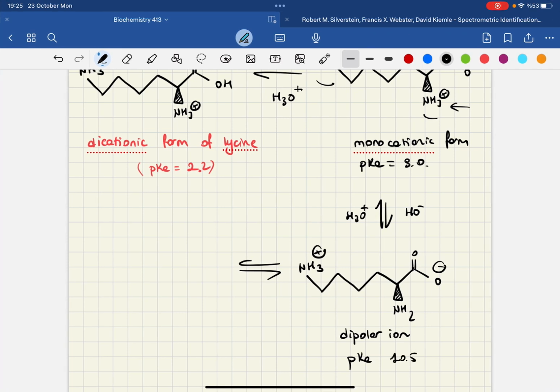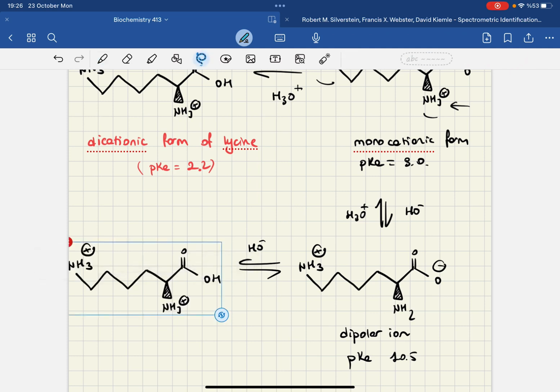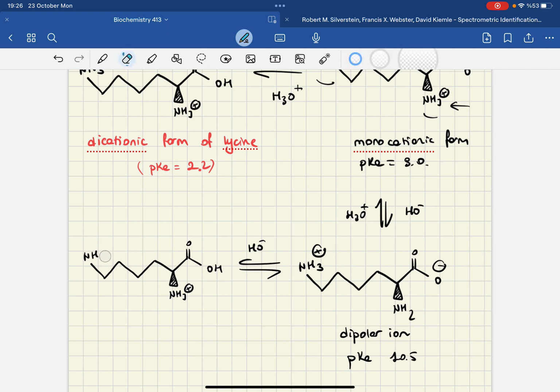It's a very high pKa, and then we finally will have our last compound, which doesn't have either of the protons. All right, and then this is our final structure, which is the anionic form.